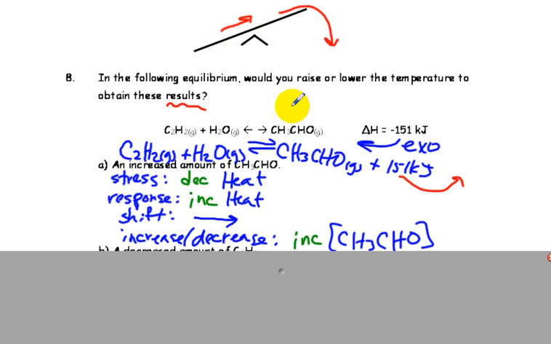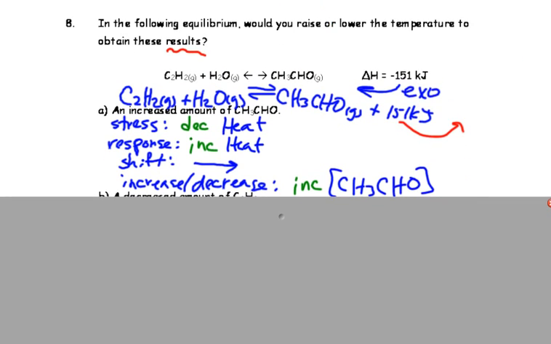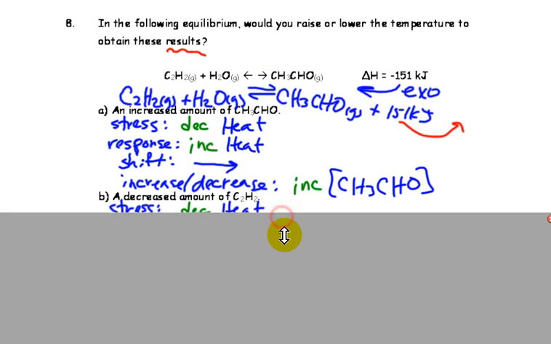We do that by moving to the right, and in the process, we achieve the objective of making more CH3CHO. If I was to figure out the KEQ expression, products over reactants before versus after, if I'm forcing things to go to the right, I have more products, less reactants. The KEQ would go up. So that would be an indication of an exothermic reaction. If removing heat caused the KEQ to increase, that would happen.